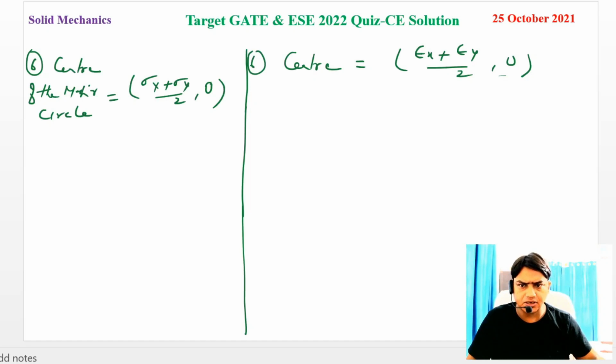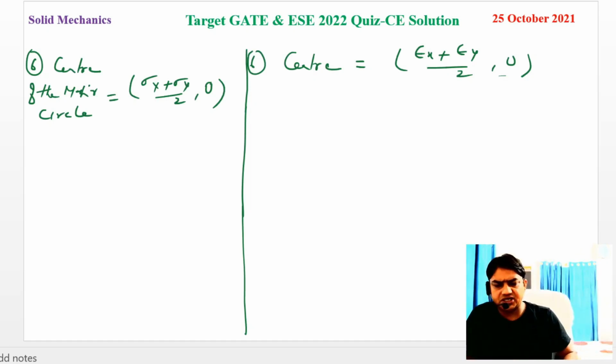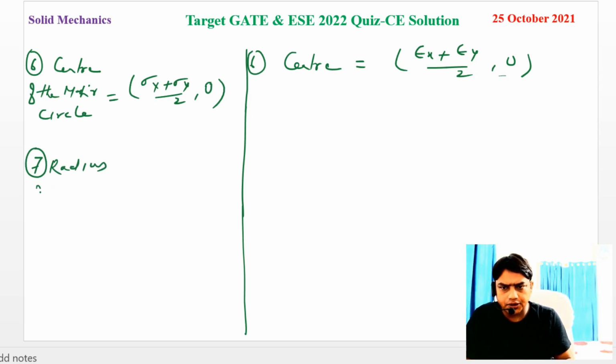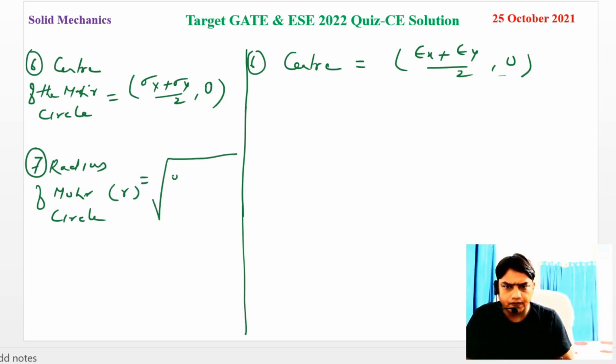So the diameter or radius of the Mohr circle can be computed in the stress transformation. The radius of the Mohr circle r is equal to the square root of (sigma y minus sigma x by 2) whole square plus (tau xy) whole square.